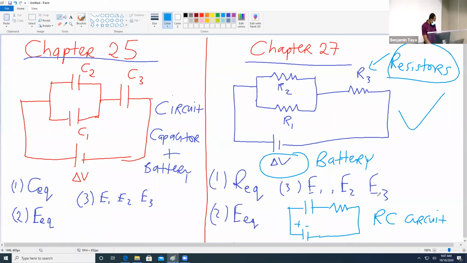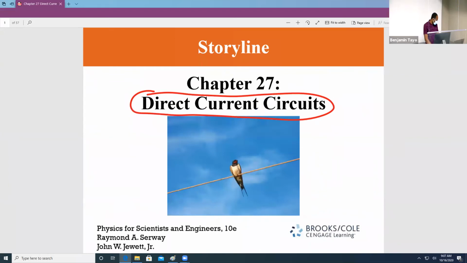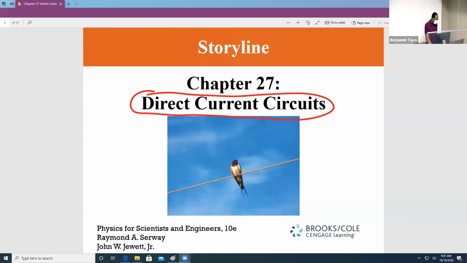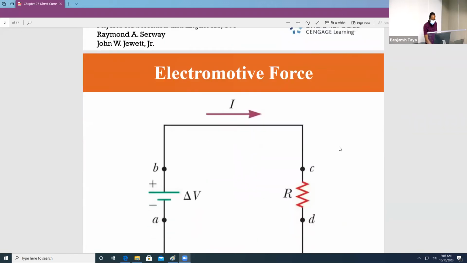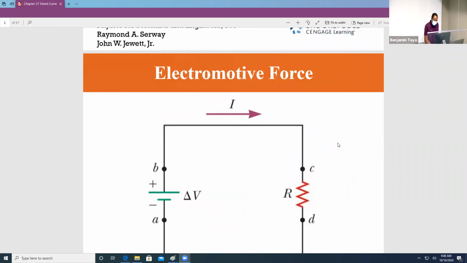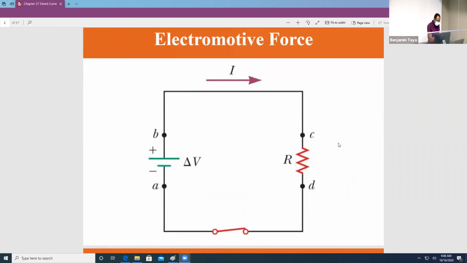So let me go back and get into the PowerPoint. The very first thing that I want to define is this quantity here. It's called the electromotive force. Let's look at this simple circuit. This is my resistor.